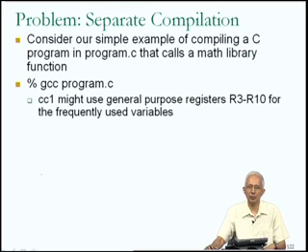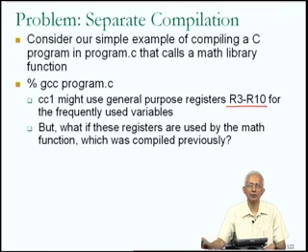In the compilation of program.c into program.o, it's possible that CC1 used some registers for frequently used variables, in order to speed up the execution of the functions inside that particular part of the program. So let's suppose, for example, that CC1 used general purpose registers R3 through R10 inside program.o for the frequently used variables of the functions inside program.o.